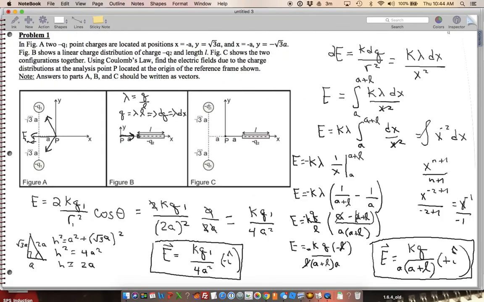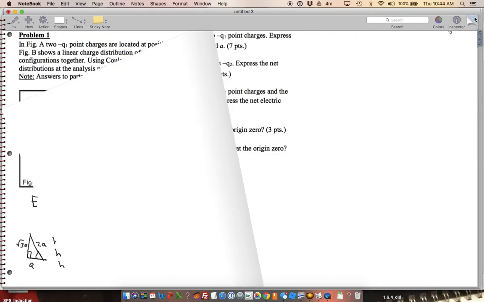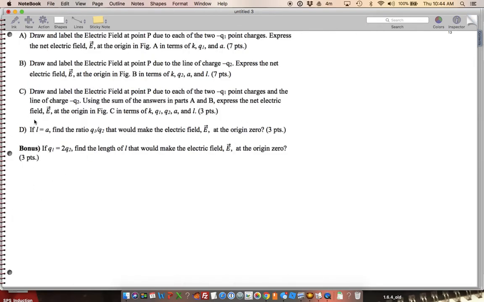Okay, so let's just look at this. I can draw it right here. Maybe we'll make a new drawing, but I know that there's going to be a force to the left due to the two point charges and a force to the right due to the line of charge. So if I want to draw that for C, this is going to be my y.